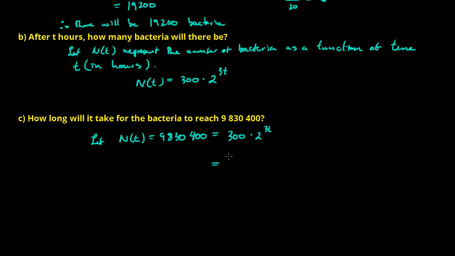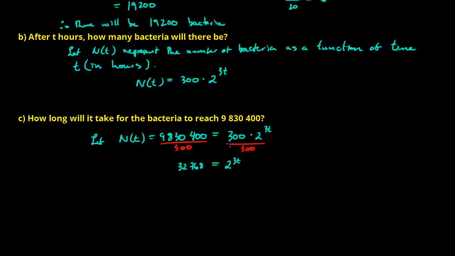I can solve it by first dividing both sides by 300. If I do 9,830,400 divided by 300, I get 32,768. Well, that's equal to 2 to the power of 3t.